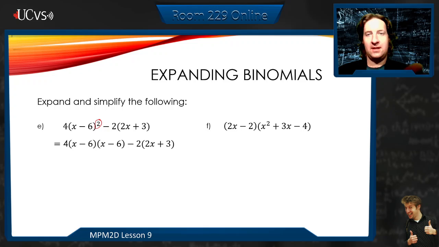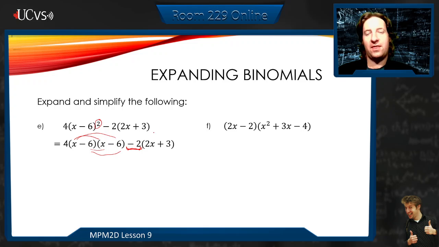Okay, so then I can do my FOIL. I'm going to multiply out my binomial. And over on this term here, I have negative 2 multiplied by, it's a subtract. Really, it's 4 times x minus 6 all squared, subtract 2 times all that.